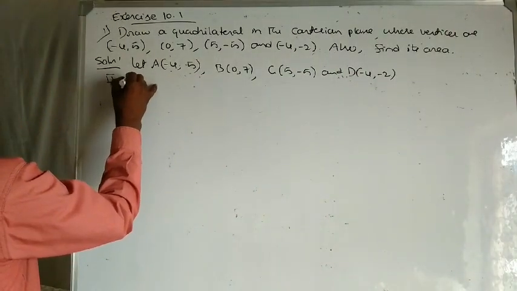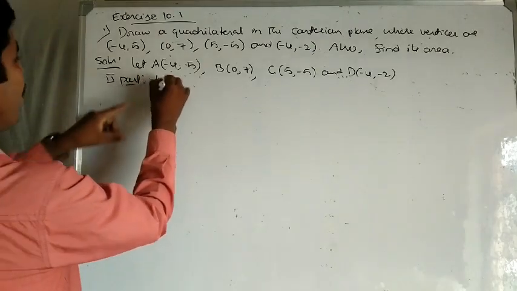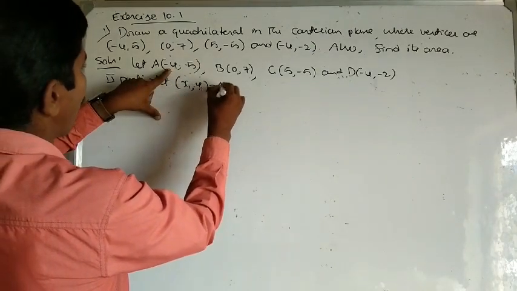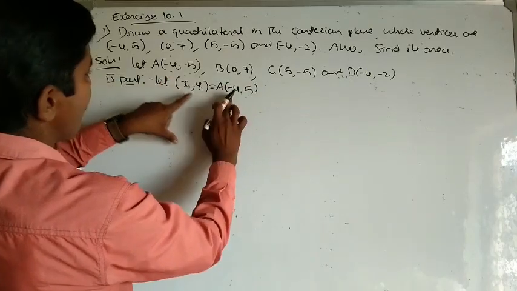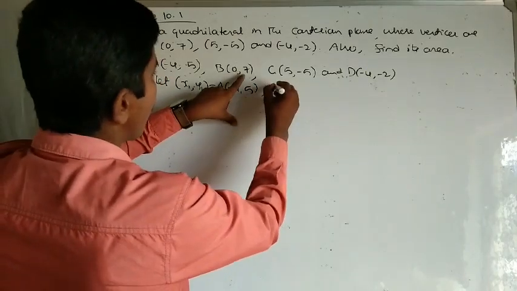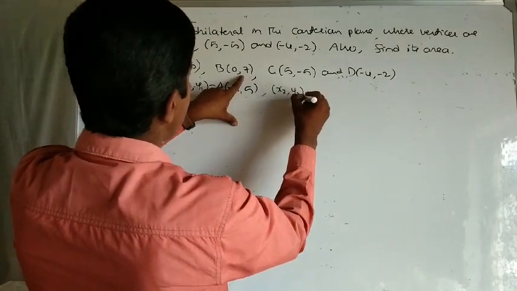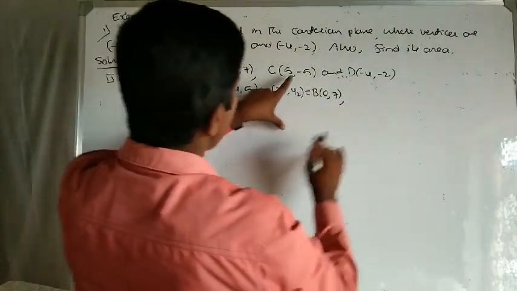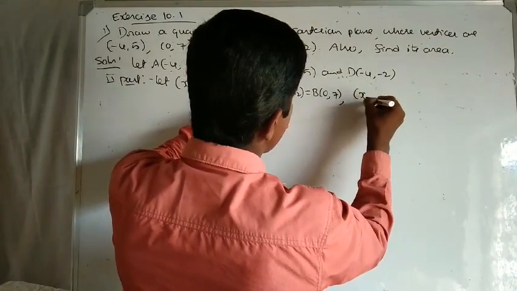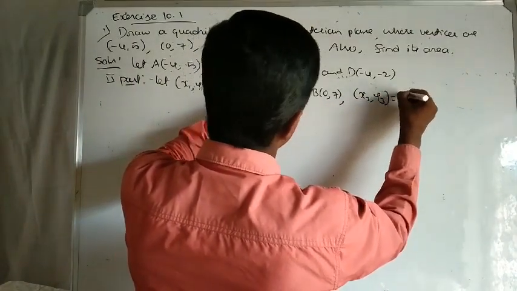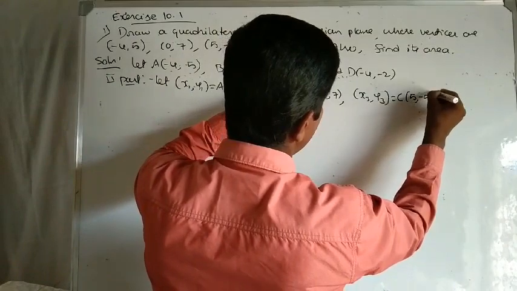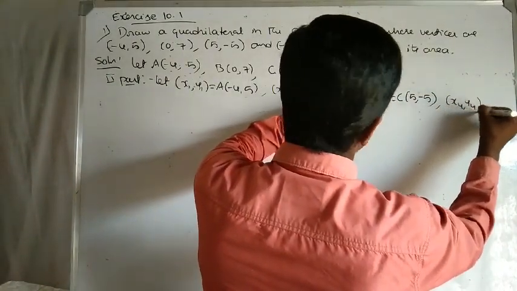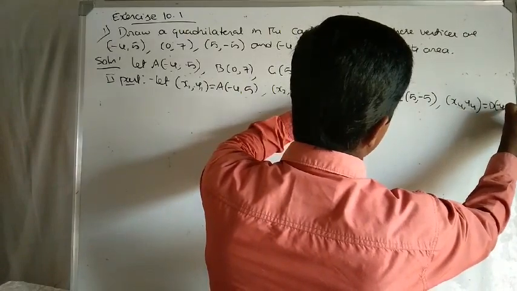Second part: let me take (x1, y1) as the first point coordinates, A point coordinates (-4, 5). Then (x2, y2), the second point, B point coordinates (0, 7). Next, (x3, y3), the third point coordinates (5, -5). Next, (x4, y4), the fourth point, D point coordinates (-4, -2).